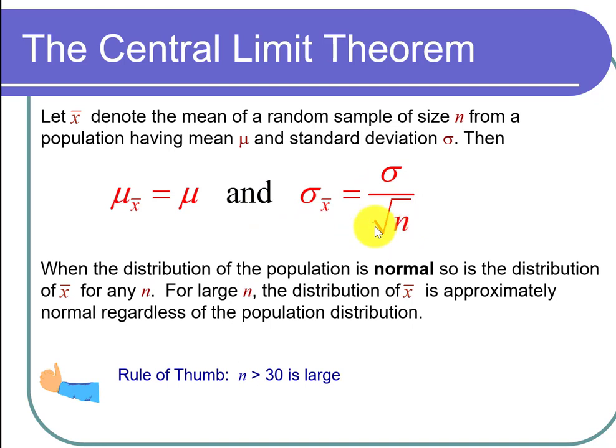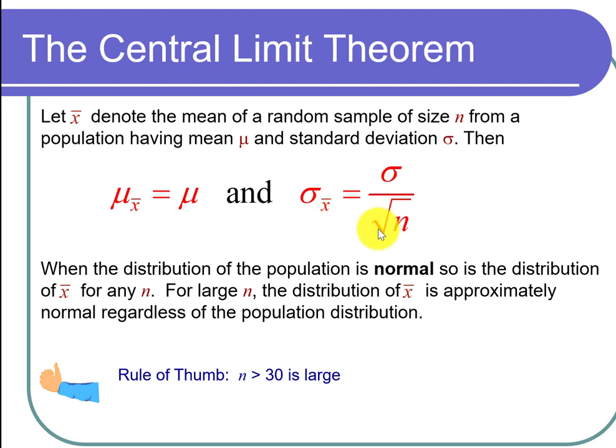So that tells us the standard deviation of all possible sample means is equal to the population standard deviation divided by the square root of the sample size. And something very, very important to note is that if n gets large, sigma sub x bar gets very, very small.